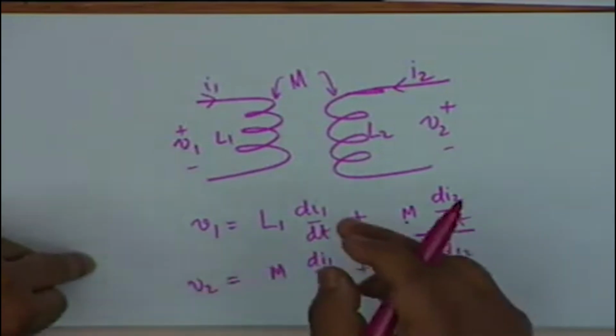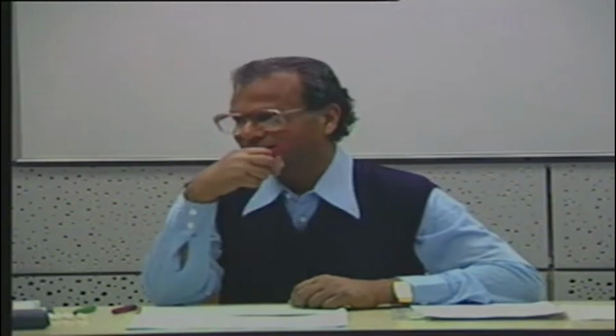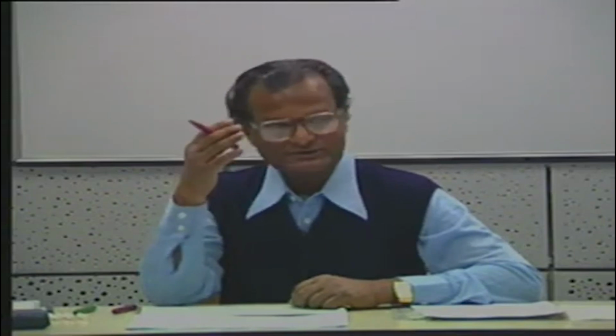It depends on the orientation of the coils. For example, the flux in one coil might try to cancel the flux in the other coil. Under that condition, this voltage shall subtract from the self-induced voltage. Is the point clear? Depending on the orientation of the currents.